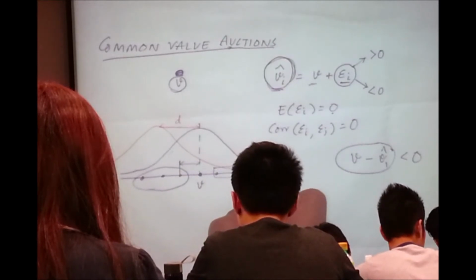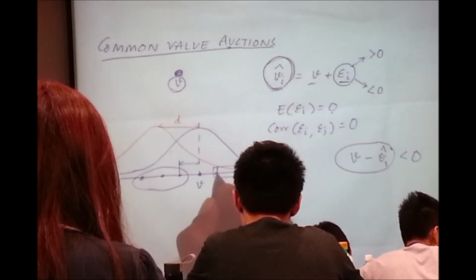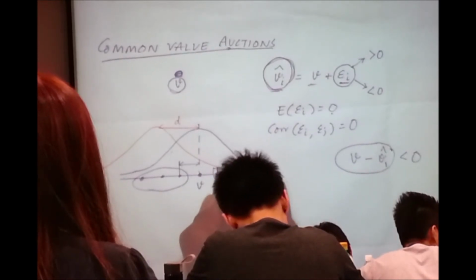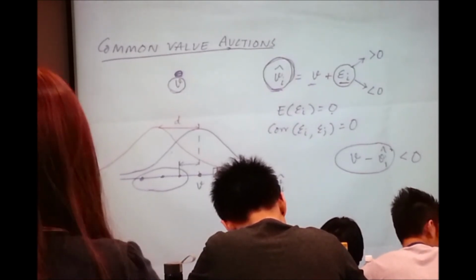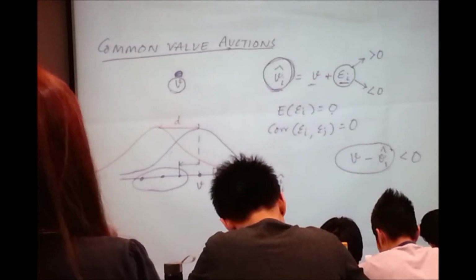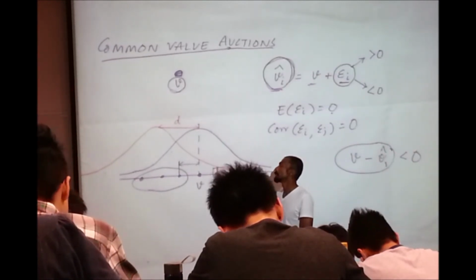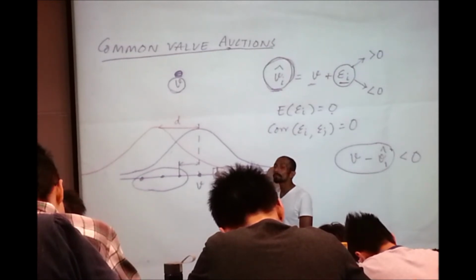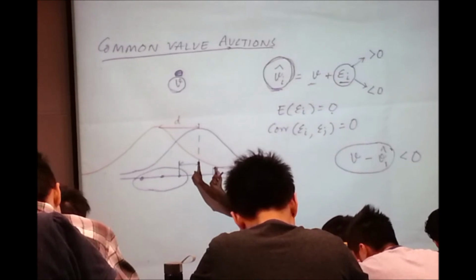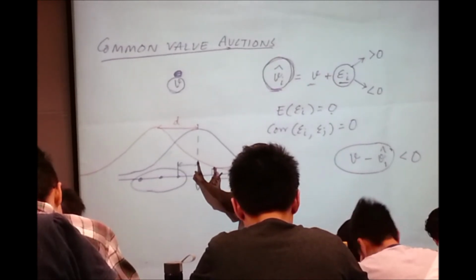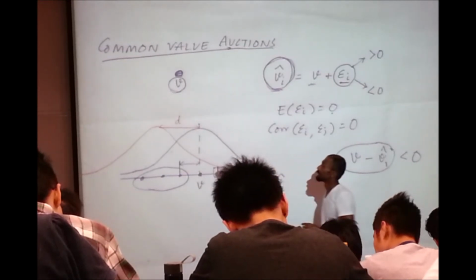Rather he will bid this, this is D, right? And notice, even with that amount of discounting, I have not completely eliminated the problem of the winner's curse. I have just minimized the probability of my suffering from winner's curse. There is still this probability that I might suffer from it, but I have minimized it by discounting my bid below my estimate.